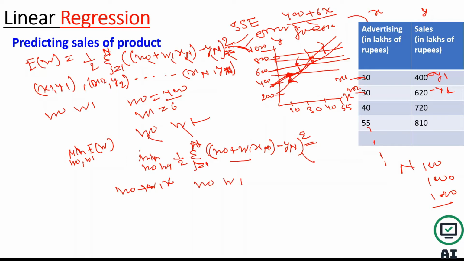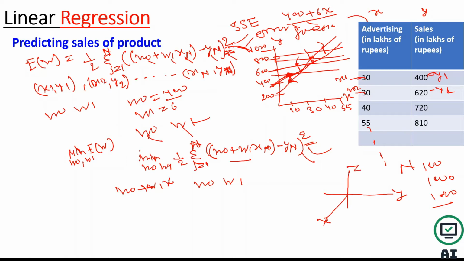So now our problem is how to find the best possible W0 and W1, and let us look at what this error function looks like. If you carefully see, this error function is a three-dimensional object. Why? Because let's suppose this is the y-axis, this is the x-axis, and this is the z-axis.